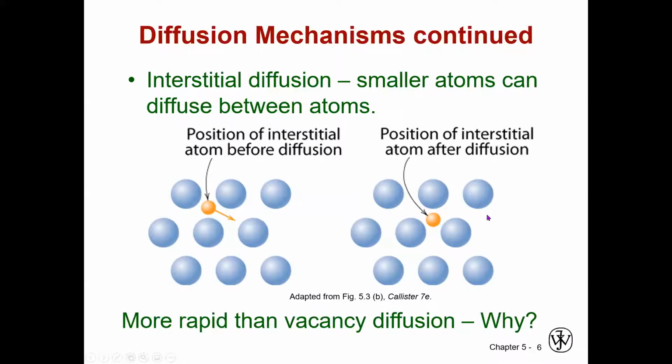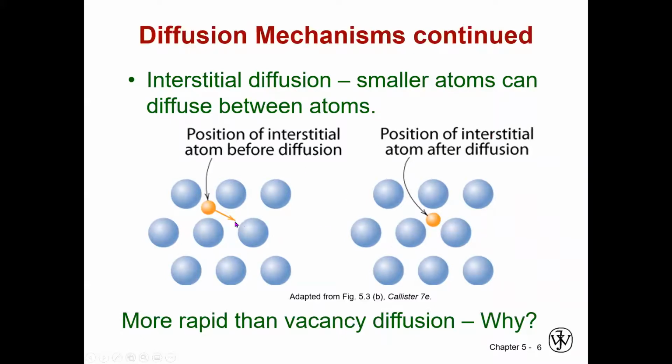Now, at low concentrations, which is usually what we're talking about, all of the interstitial sites around this one are open, available. So this is one reason why interstitial diffusion is faster than vacancy diffusion, because this one already has its sites available, whereas the vacancy diffusion mechanism depends on the availability of a vacancy, and the number that we have.